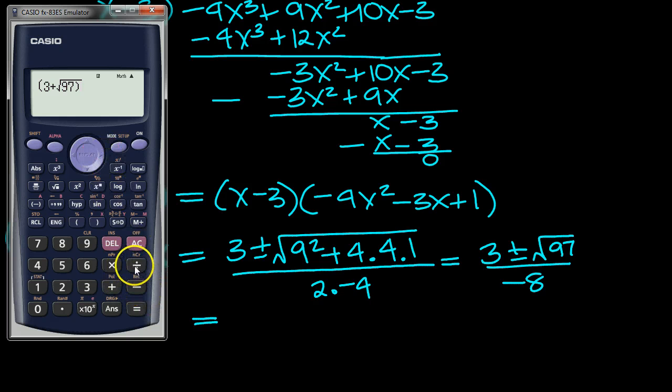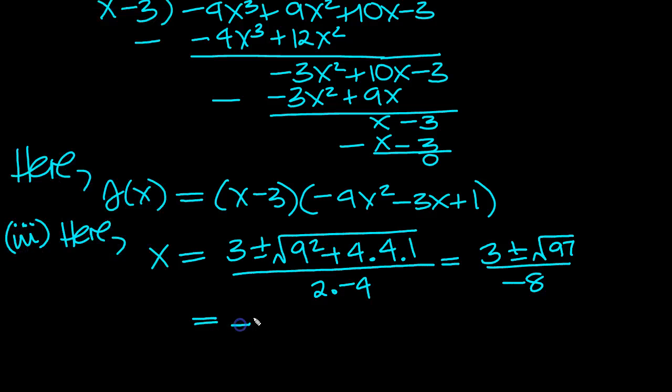So let's divide by bracket -8 bracket equals. So let's go back. Let's get rid of that bracket there and put the bracket outside the square root. That helps, I think. And we get -1.61 to 3 significant figures.